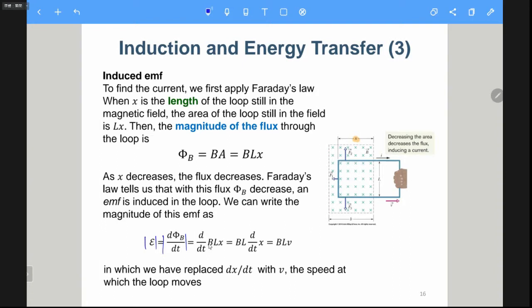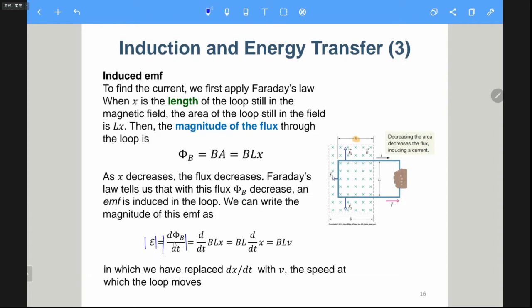BL is constant, and x is changing because there's a velocity v here. So we have BL outside, and then dx/dt, which is nothing but the speed. So dx/dt is v, where we have replaced dx/dt with v, the speed at which the loop moves.